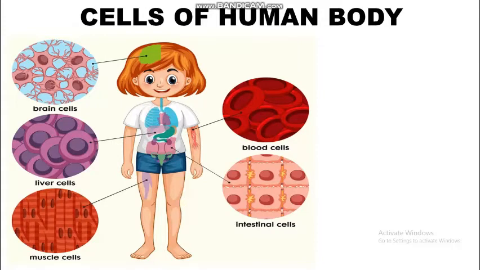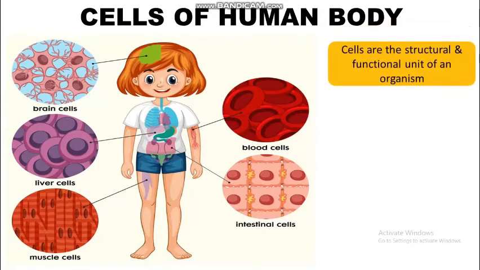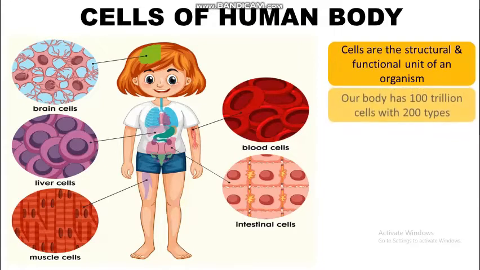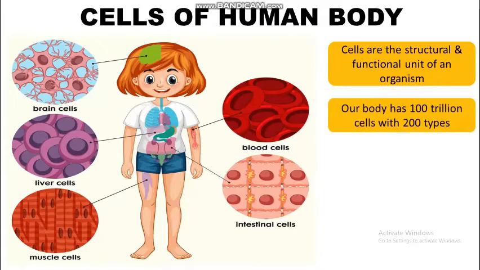Now you must be thinking why I am always talking about cells. What is a cell actually? Cells are the structural and functional unit of an organism. And you will be amazed to hear that your own body has more than 100 trillion cells. Yes, you heard it correctly. Not million, not billion, but 100 trillion cells, along with more than 200 types of cells your body has.